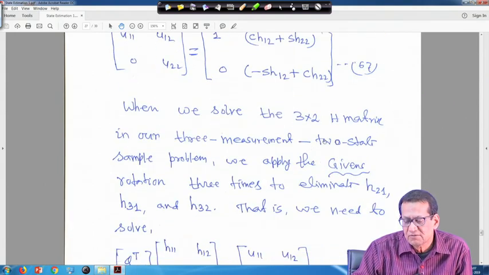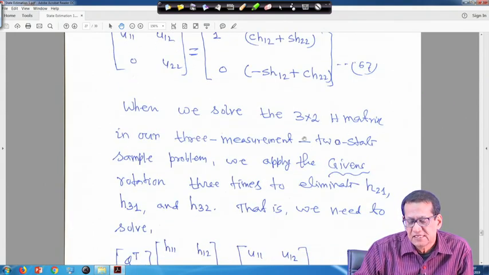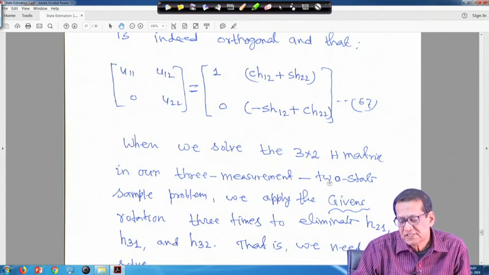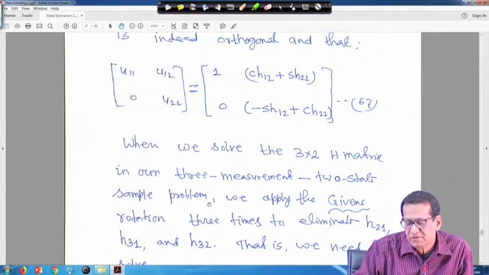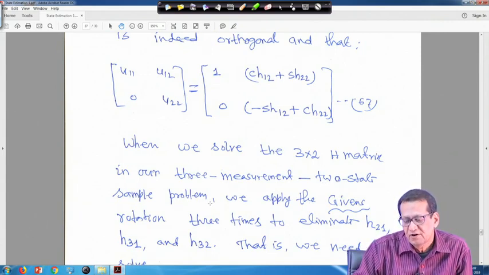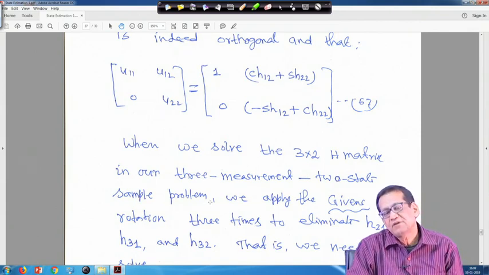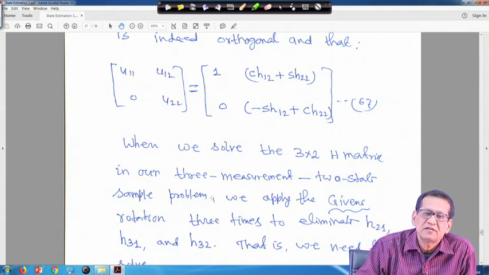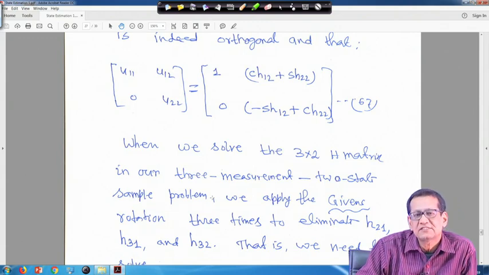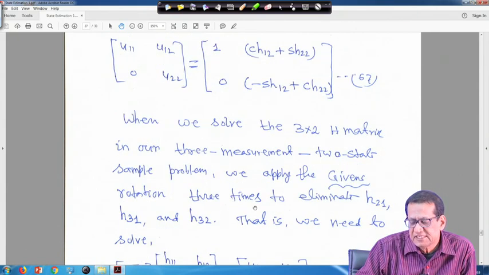Now, consider the 3 into 2 H matrix in our 3 measurement, 2 state sample problem that we have seen before. There are 3 measurement values, but ultimately we are evaluating 2 values, delta 1 and delta 2, as bus 3 was a slack bus. So, we apply the Givens rotation 3 times to eliminate h21, h31 and h32.